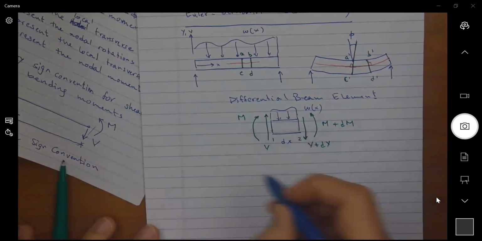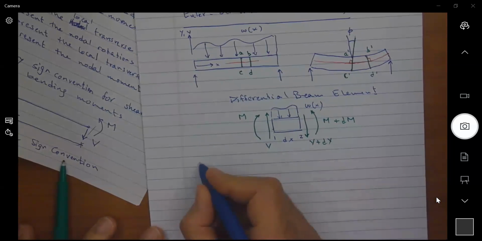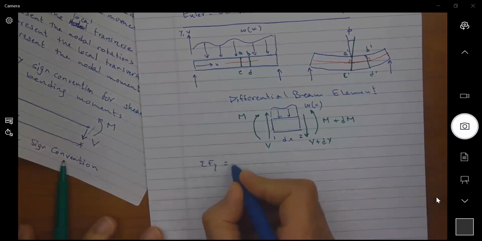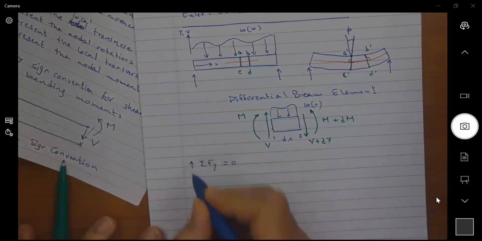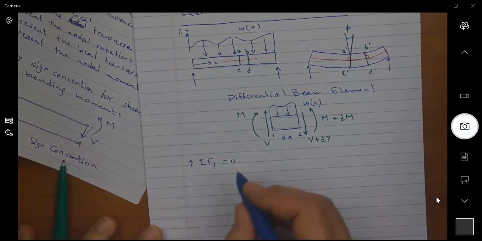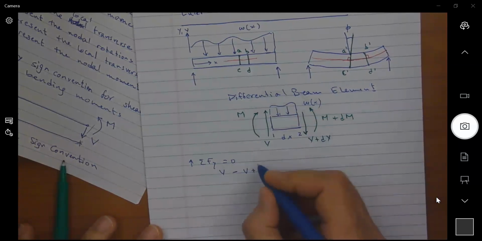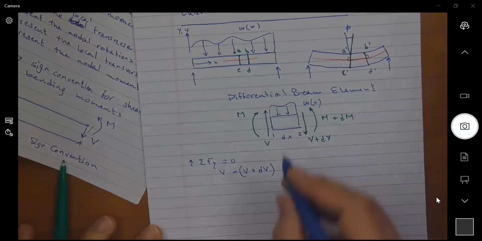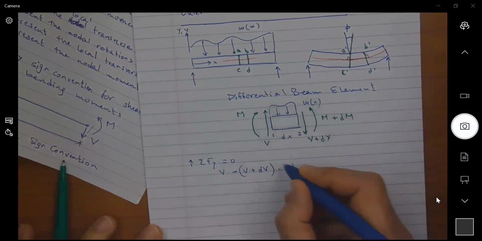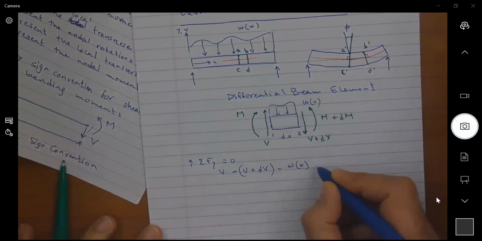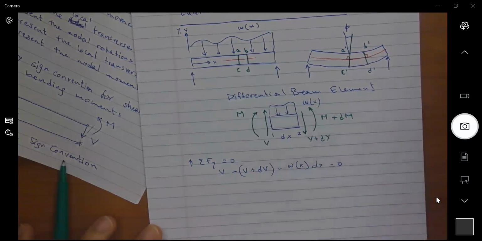If we write equations of equilibrium, the sum of the forces in the y direction is equal to 0, and I take upwards as positive. I can show that V minus (V plus dV) minus W of x dx is equal to 0.